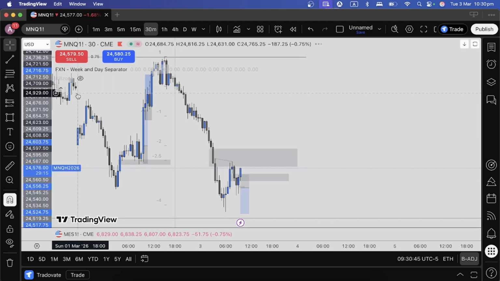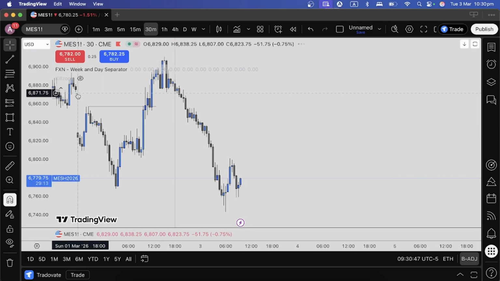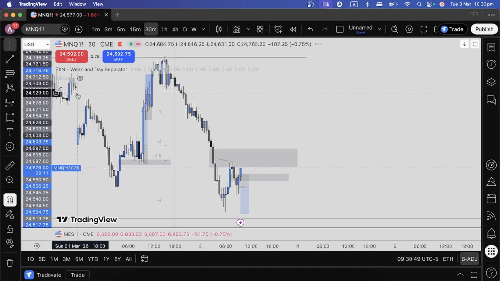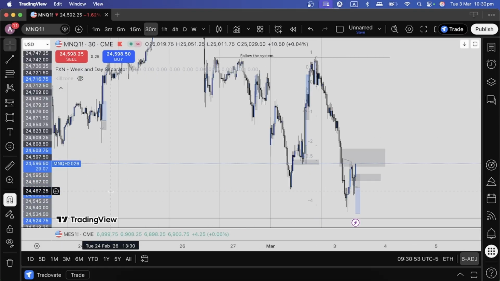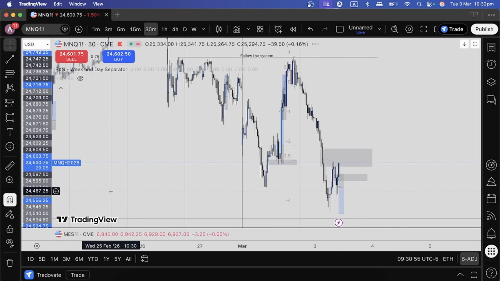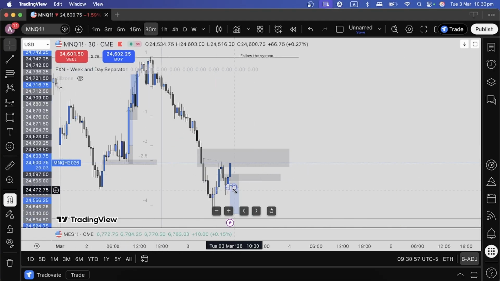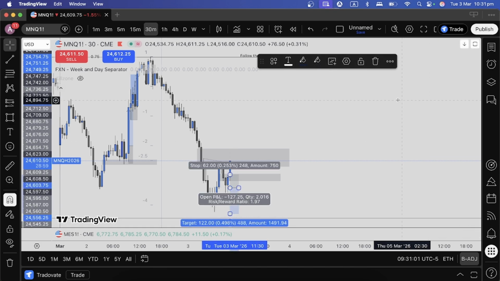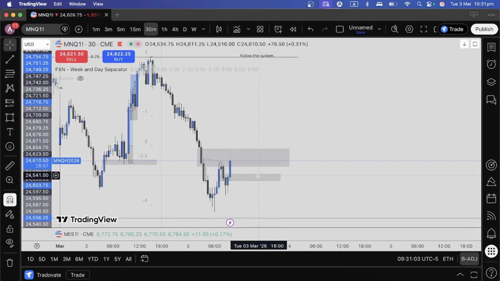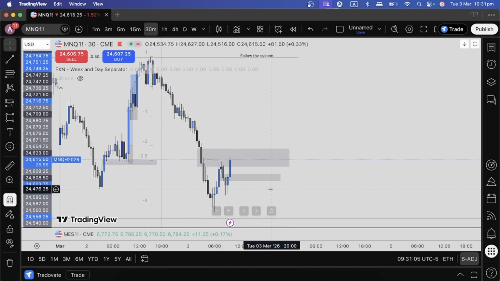I'm just trying to find if there's any bullish SMTs or any bullish confirmation, but it just looks like there isn't. So yeah, shorts are pretty much off the table. Longs as well have not been confirmed. So I'll have to wait for the 15-minute candle close.